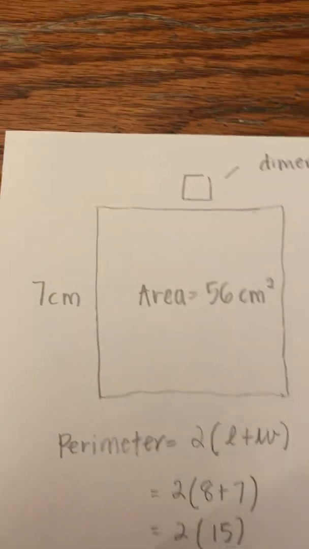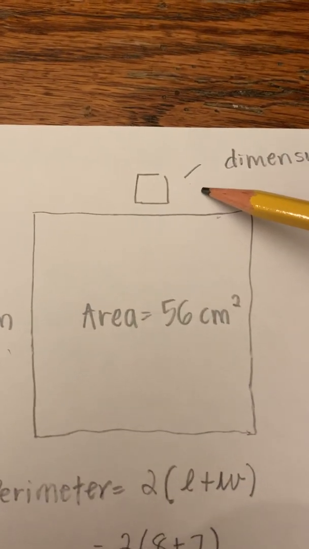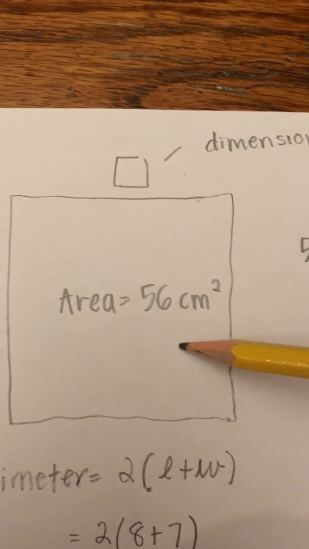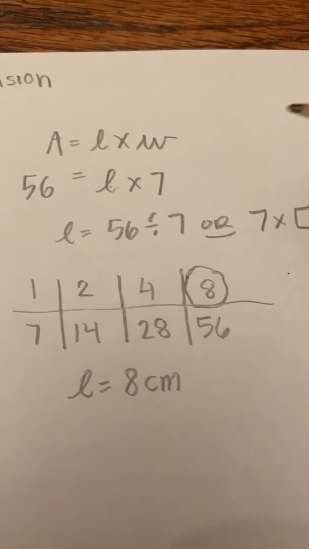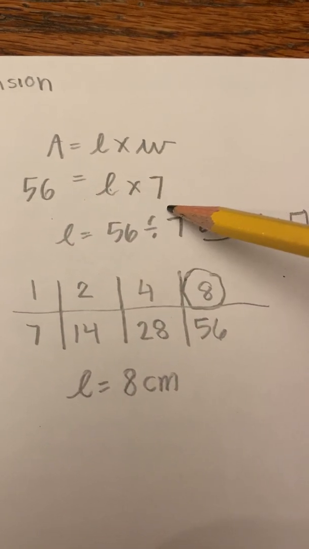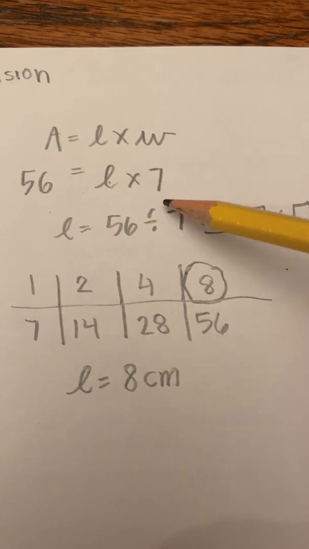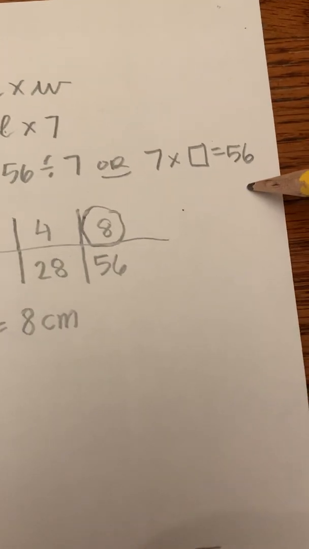Here's a different kind of problem. This problem, I have one dimension at 7 centimeters, and I have another dimension, I don't know what it is. But I know my area, and I know that area is length times width. So 56 equals length times 7. Length is 56 divided by 7, opposite operation, or 7 times what is 56?